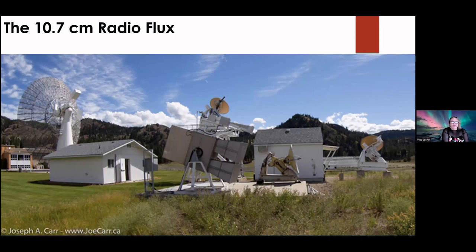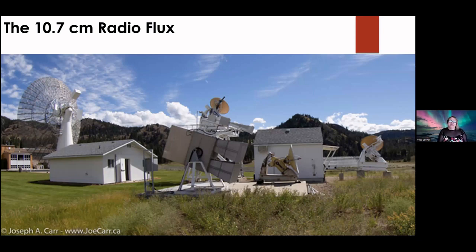I would like to mention the 10.7 centimeter radio flux as well, because the solar radio flux at 10.7 centimeter, which is, I'm reading it, 2800 megahertz, if somebody knows about frequencies, is an excellent indicator of solar activity.